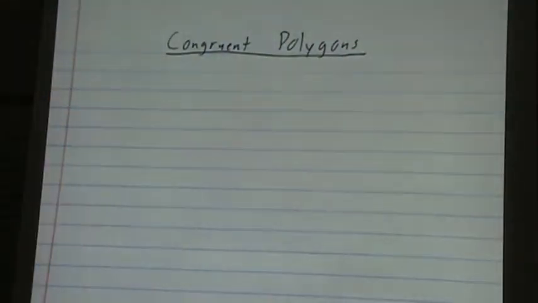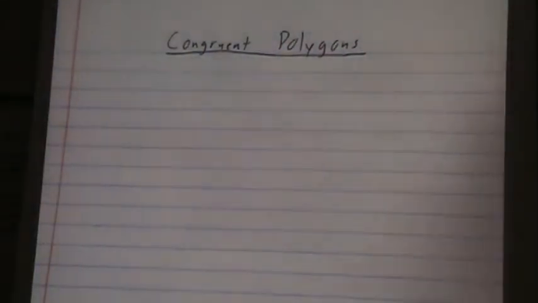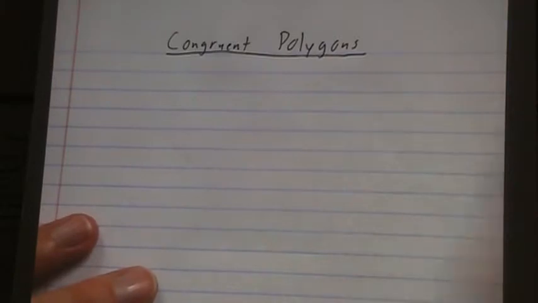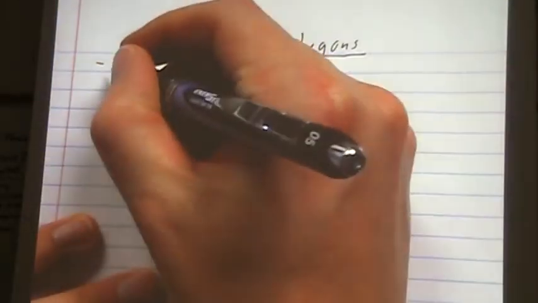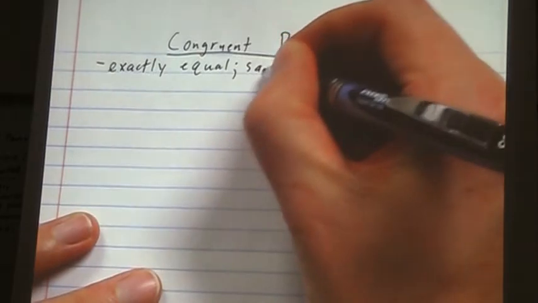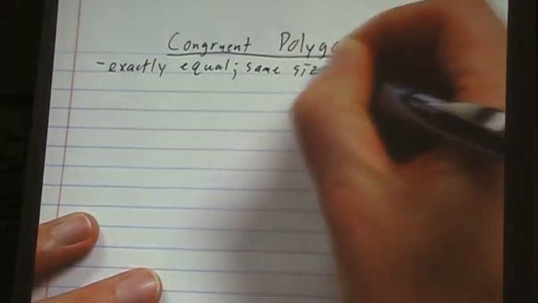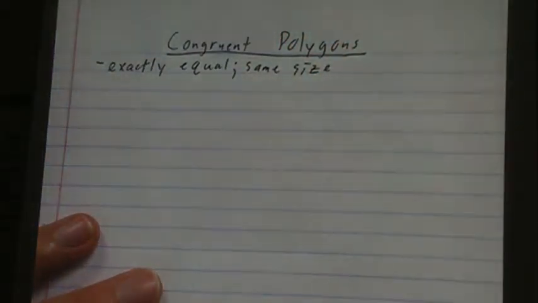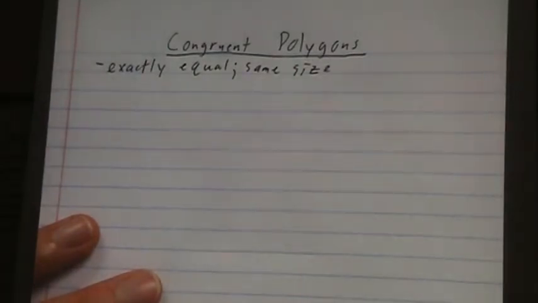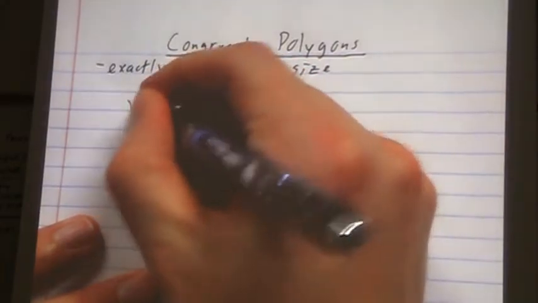So congruent polygons, remember congruent means equal. So congruent polygons just means polygons or shapes that are exactly equal, or the same size. And the key thing with congruent triangles and congruent polygons is corresponding parts are congruent.